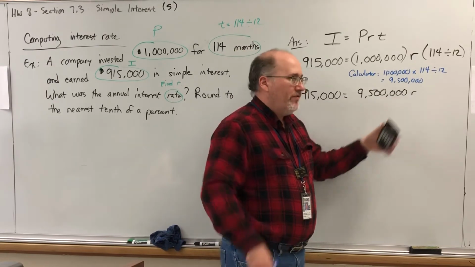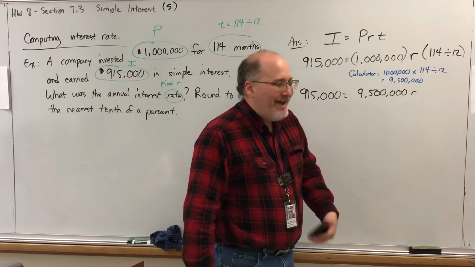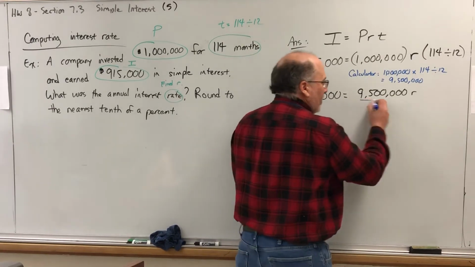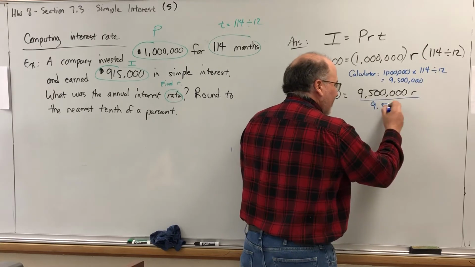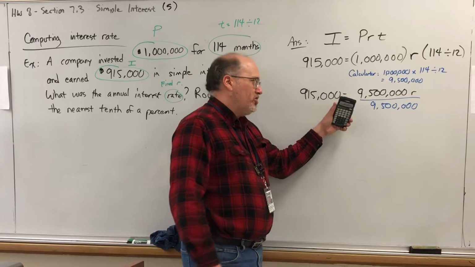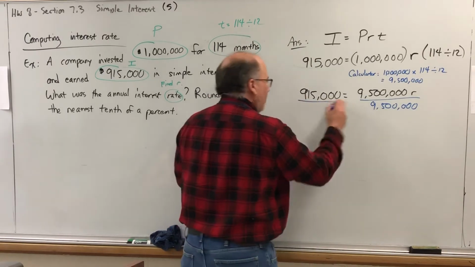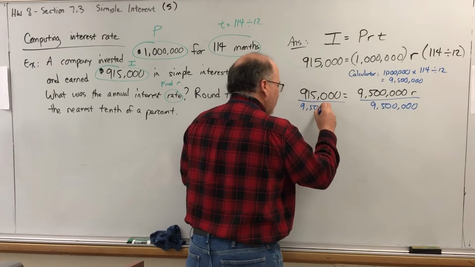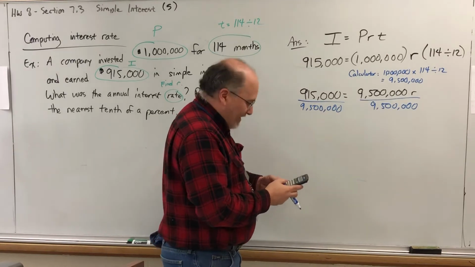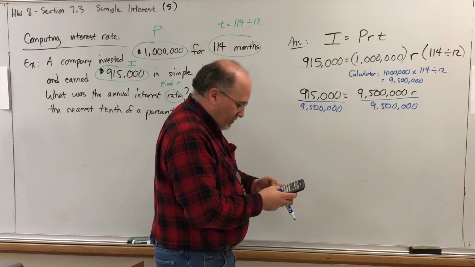And the way you get rid of the number is do the opposite of how it's attached. Since the 9,500,000 is multiplied by the r, we're going to divide by 9,500,000. But if you divide the right side of an equation, you have to divide the left side also. Now, I do not expect this to come out to be a whole number. Why? Because it was a nice problem in the book and I changed the values.